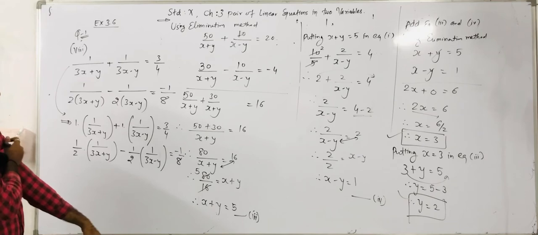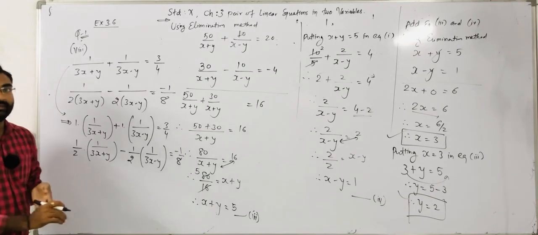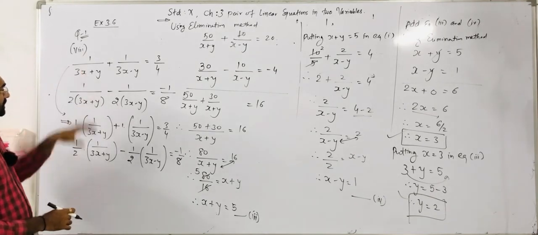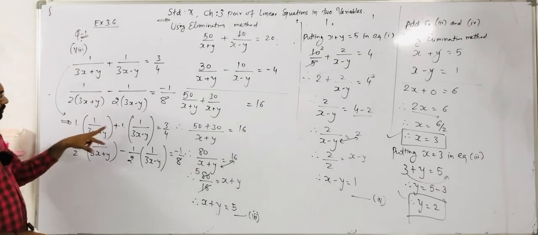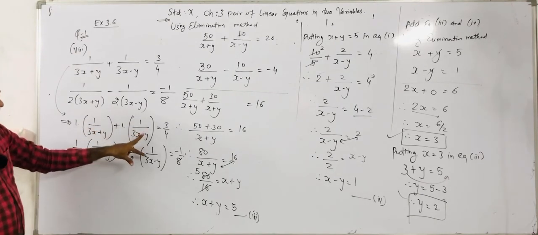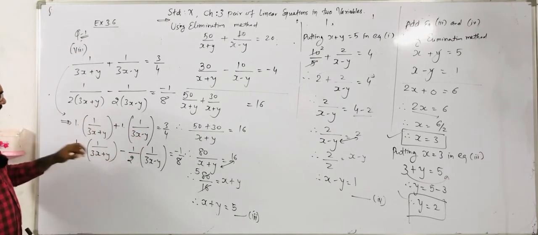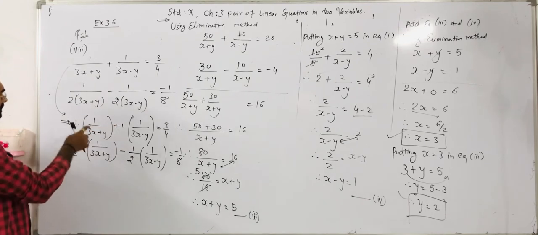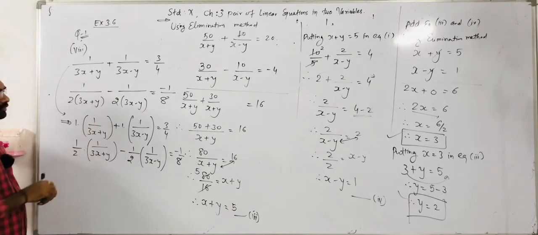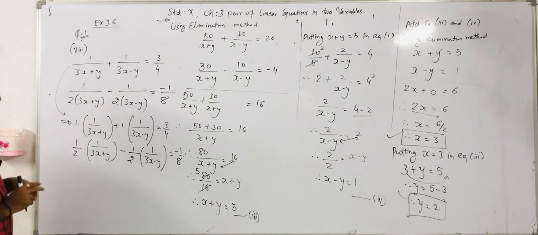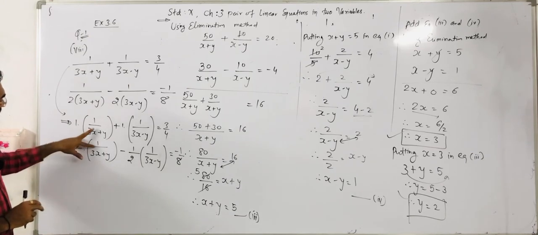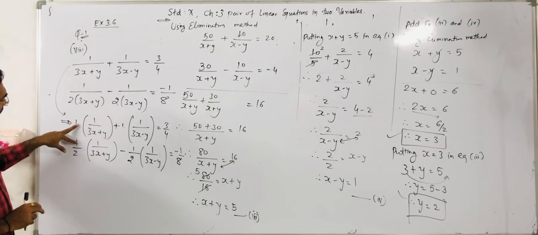But in place of that, I want to apply the elimination method directly. So what do we have to do? The terms which are given in both equations are the same. We consider one of the terms and make its coefficient the same in both equations.